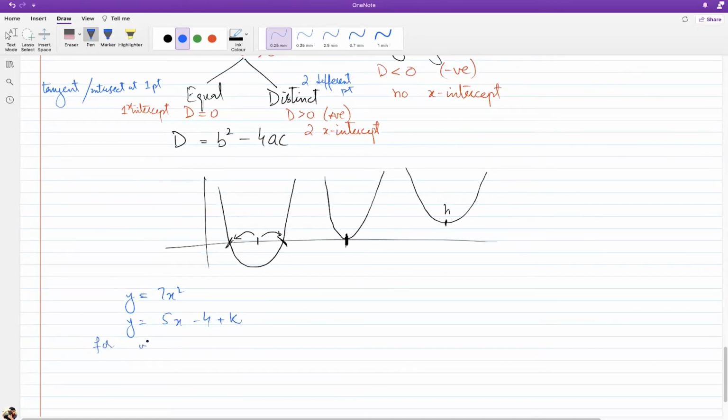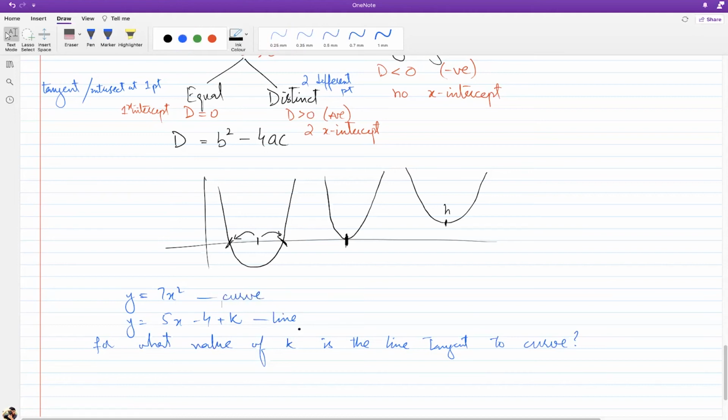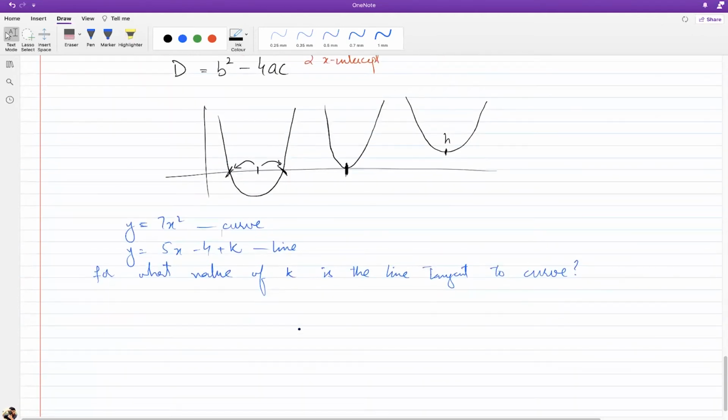For what value of k is the line tangent to the curve? Remember, this is the line and this is the curve. So we are trying to find out for what values of k this will be tangent. So the key term here is tangent.